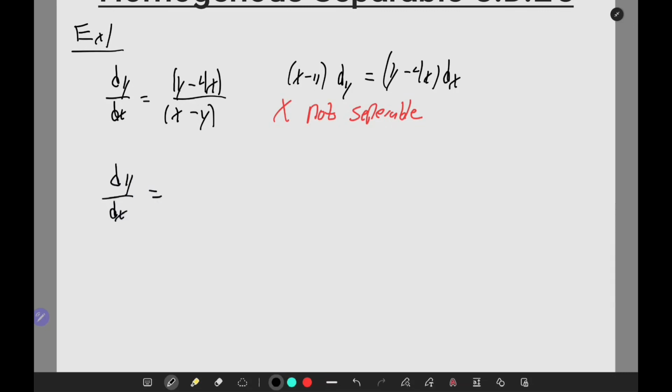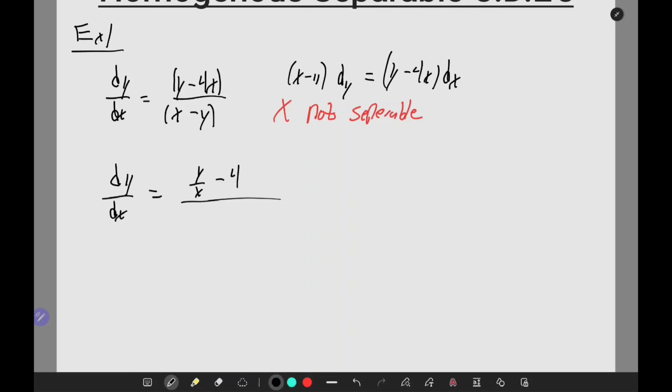To get the numerator and the denominator in terms of y over x, for the numerator, we have y minus 4x. If I divide by x, it'll cancel out the x in the second term, and it'll leave us with y over x for the first term. So we'll be left with y over x minus 4. We don't need the parentheses. For the bottom, we do the same thing.